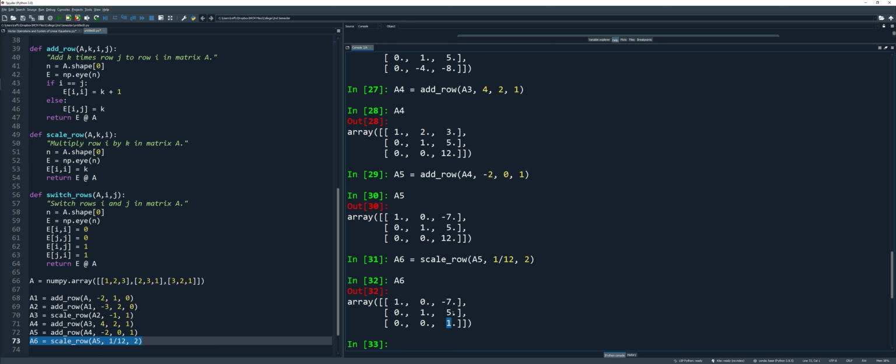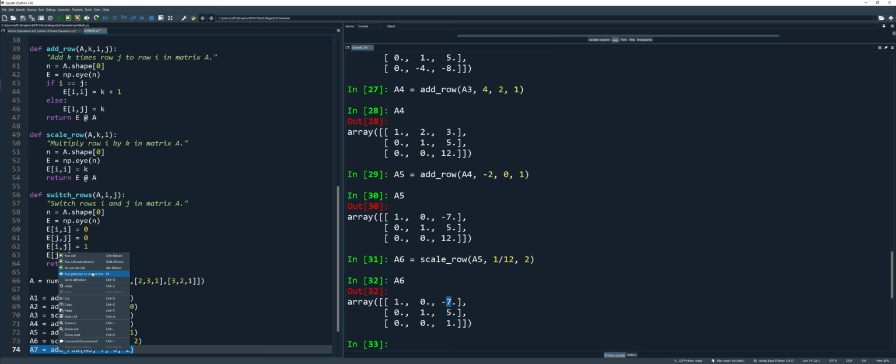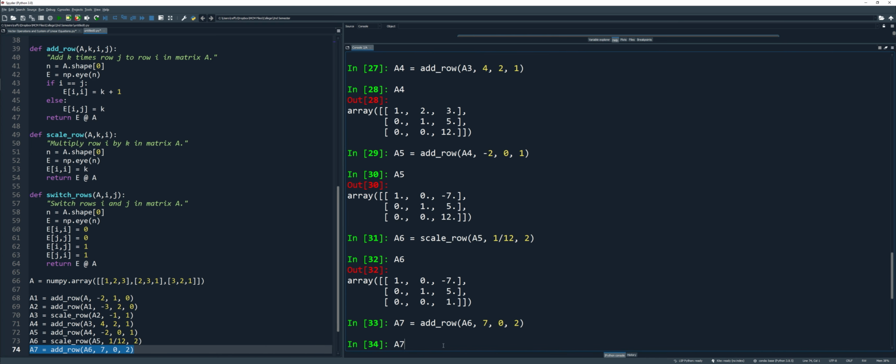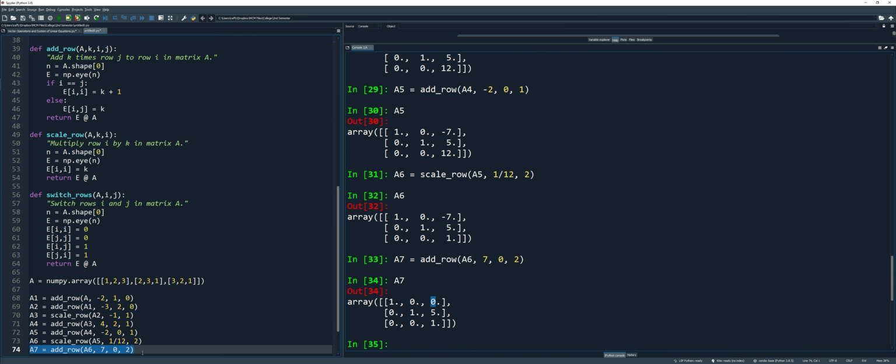So we will use this one to change this and this to 0. So let's start with negative 7. So A7, we have add row. A6, so it's negative 7, so k here is 7. For I, it's 0. And for j, it's 2. So run the code and check. So it's 0.